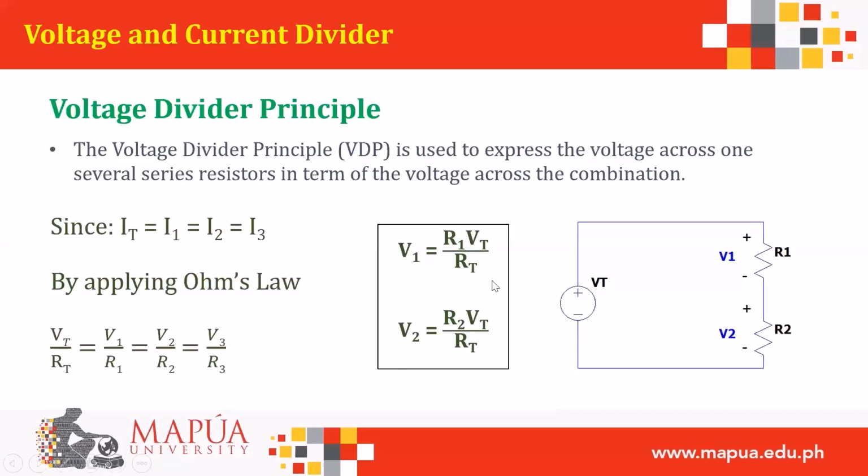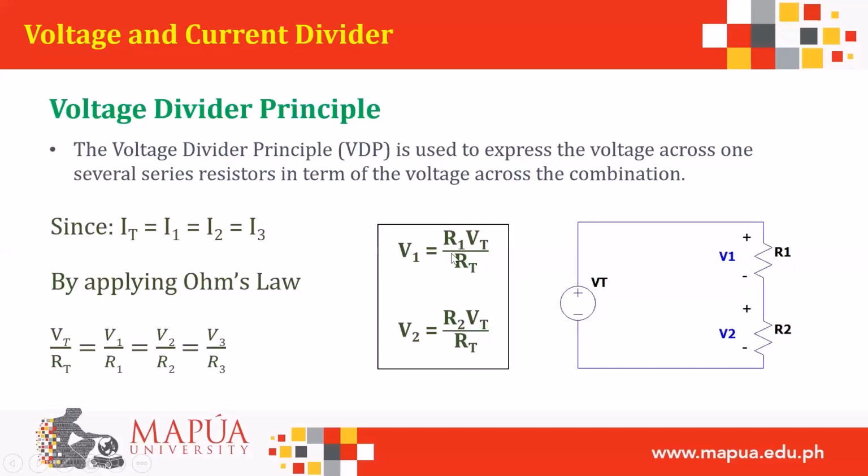As you can see in our formula, we don't have any current. Since this is in series, current is constant, the same for both resistors. We make use of that advantage and arrive at this formula. Again, remember the ratio: the numerator is the resistor involved.